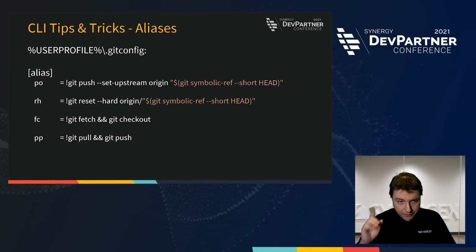So here, on the first sample line, I have now encapsulated my initial push of a new branch to the remote into a nice little shorthand for myself and can execute it anywhere on my system with git po, or push origin, so to speak.